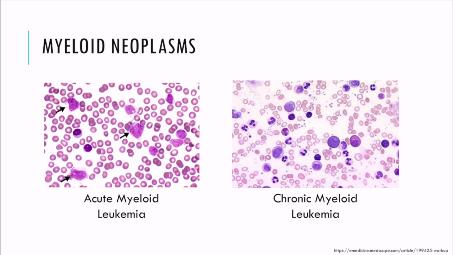So let's first talk about myeloid leukemia. So the name leukemia means that the malignancy is an abnormal growth of leukocytes, thus the leuc in leukemia. The disease of myeloid leukemia causes the cells to stop differentiating.